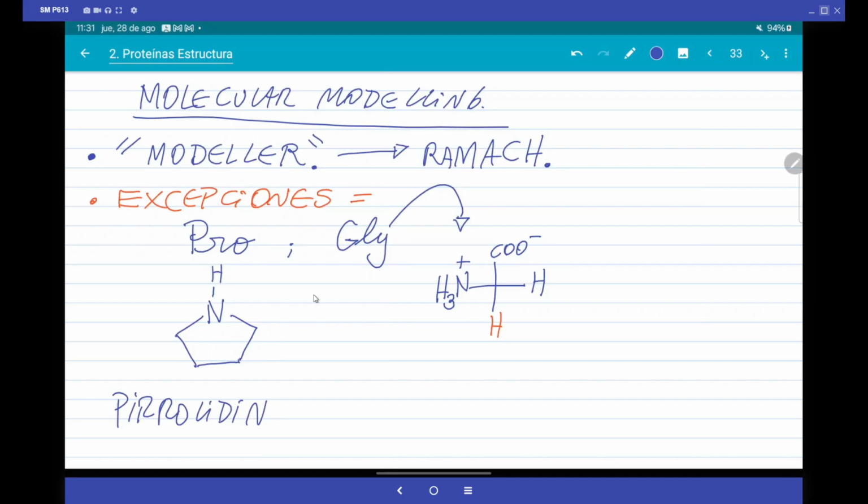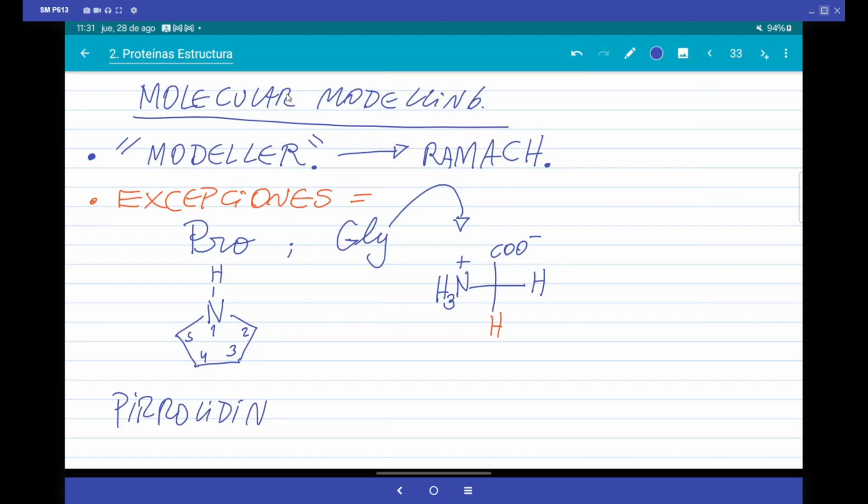And what would this be missing for it to be the amino acid proline? This is the heterocycle, and how do we transform it into an amino acid? We need the acid function. 1, 2, 3, 4, 5, where we connect the carboxylic acid so that it is an alpha amino acid.